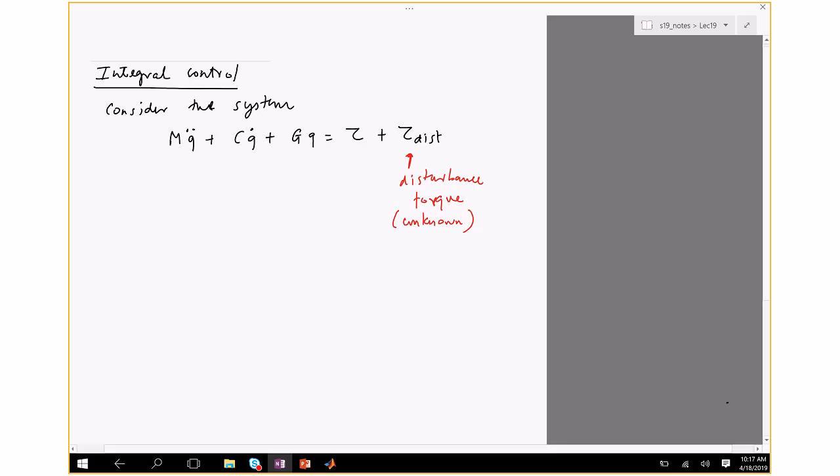So we design a controller of this form: torque equals M times, I'm rewriting the control law partitioning control law. And I do not know anything about the disturbance. I don't even know that there's a disturbance.